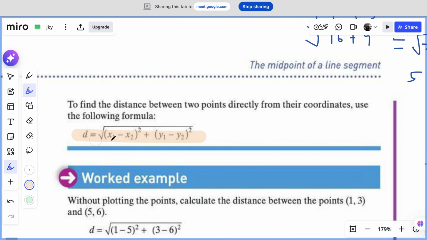You write 3 here. So using Pythagoras theorem, you get this. I've already given you the formula, to find the distance between 2 points, distance D, or AB, if you like.